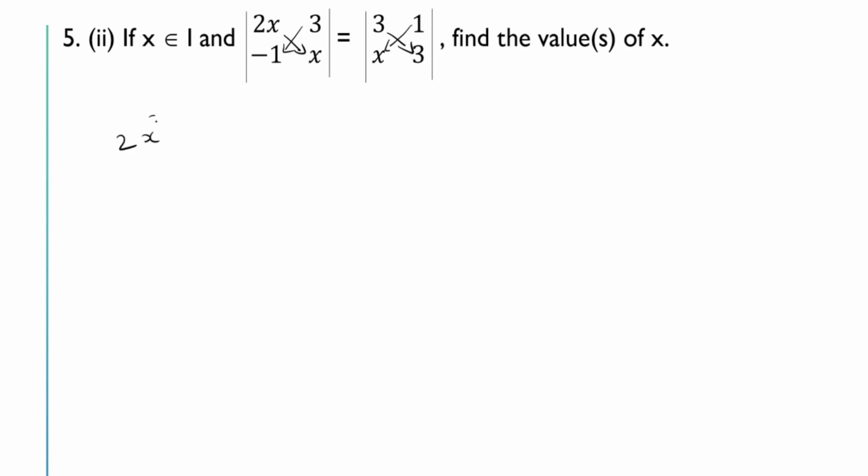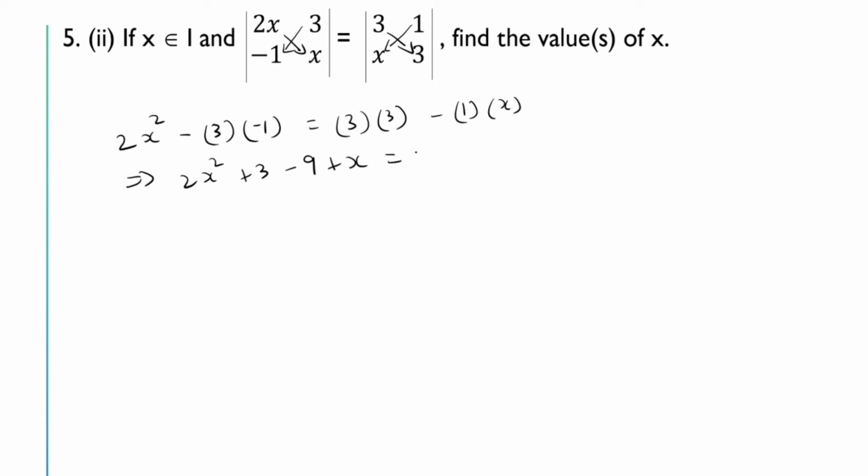So we have 2x square minus 3 into minus 1 is equal to 3 into 3 minus 1 into x. So we get 2x square plus 3 minus 9 plus x is equal to 0, or 2x square plus x minus 6 is equal to 0.